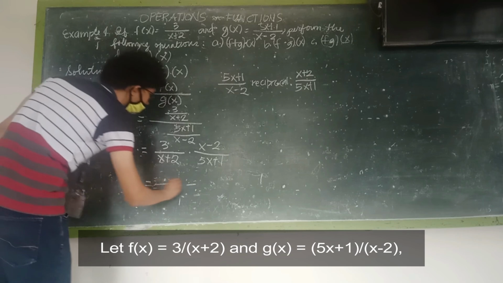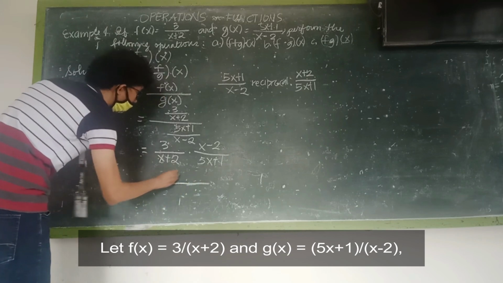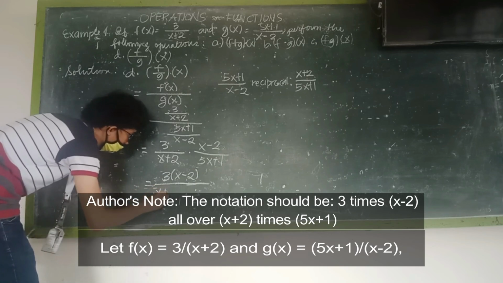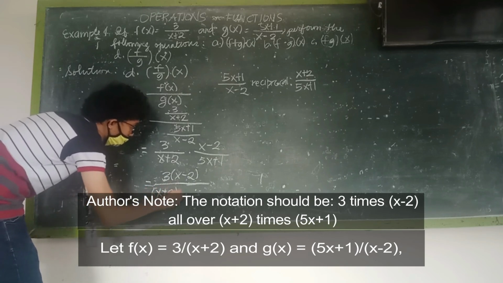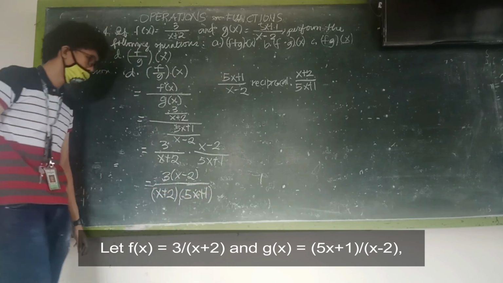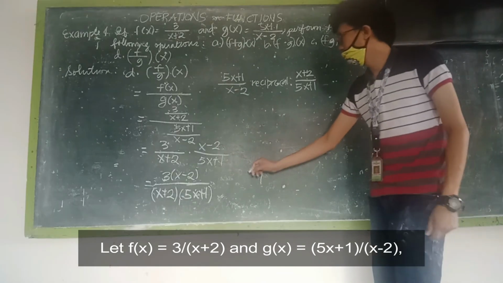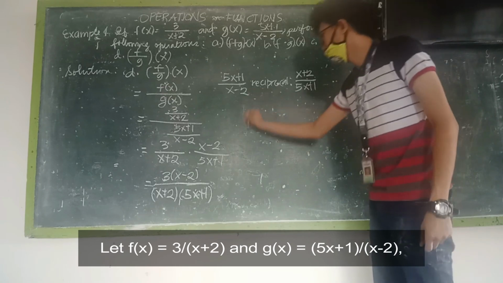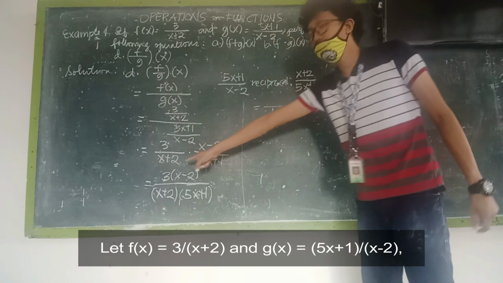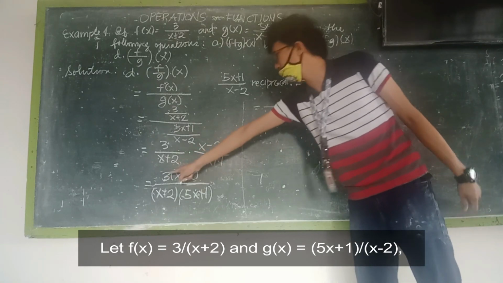We have 3 all over x plus 2 times 5x plus 1 in the denominator, times x minus 2 in the numerator. Then dito, i-distribute natin ang 3 sa x at 3 sa negative 2.